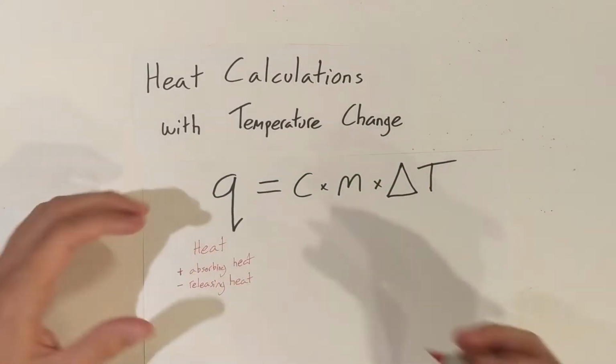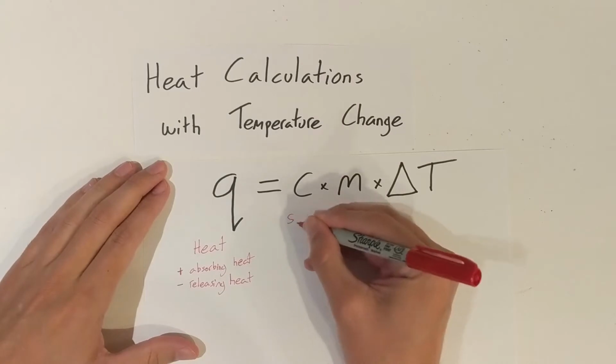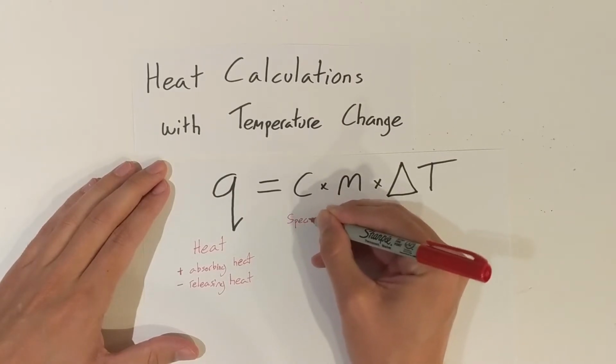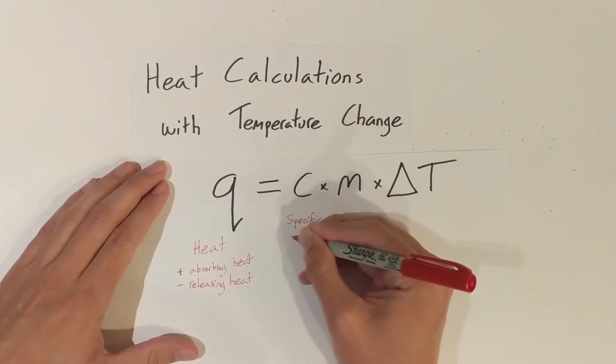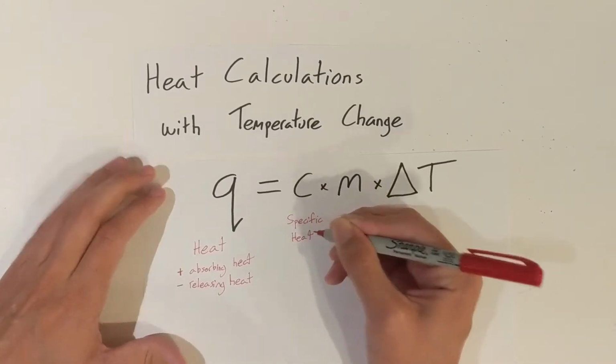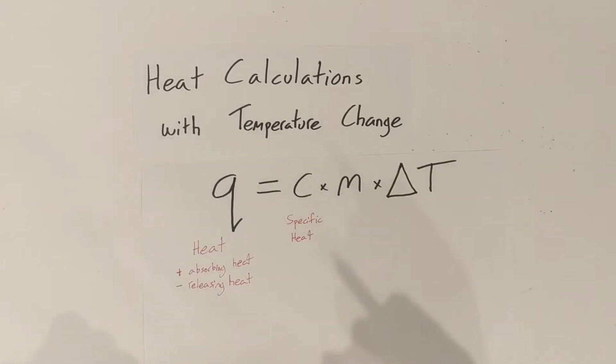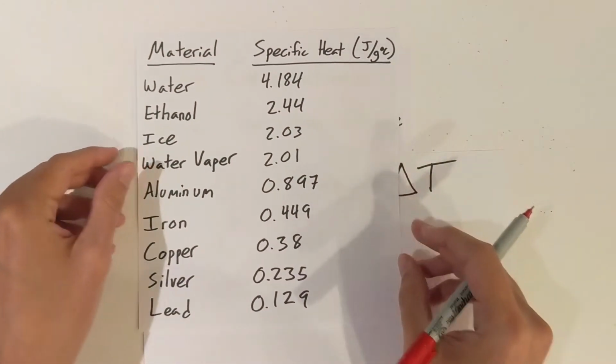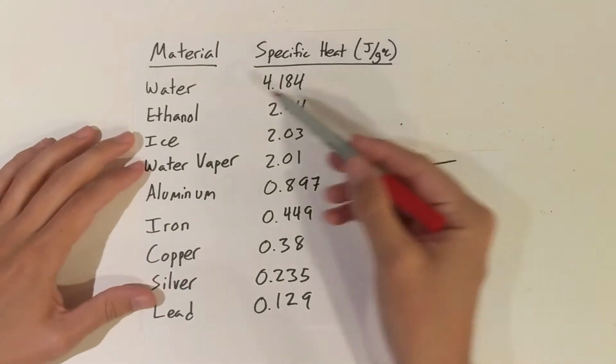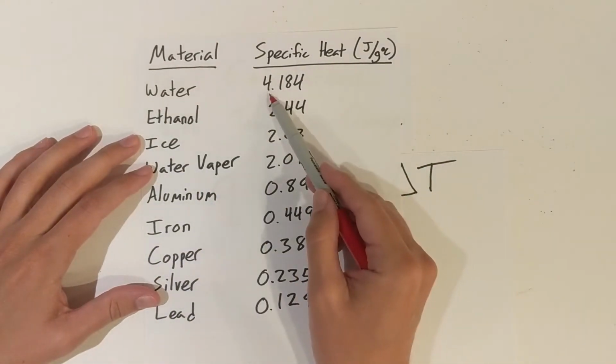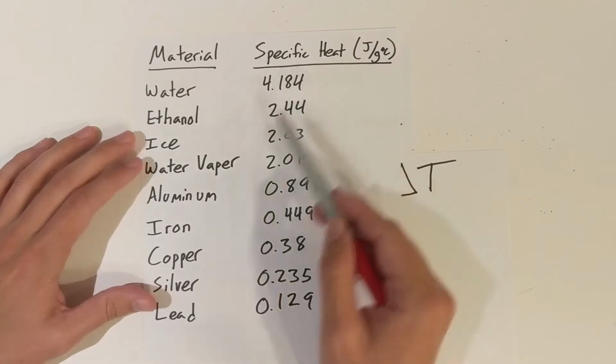C is what we call specific heat. We're going to be going over this in our notes in quite a bit of detail. All you need to know right now is every substance has its own very unique specific heat. I got a table right here. This will also be on Google Classroom. And you can see water has a specific heat of 4.184.